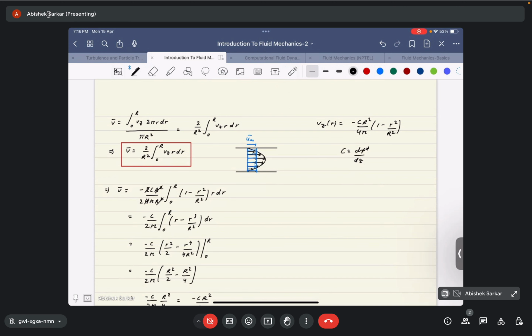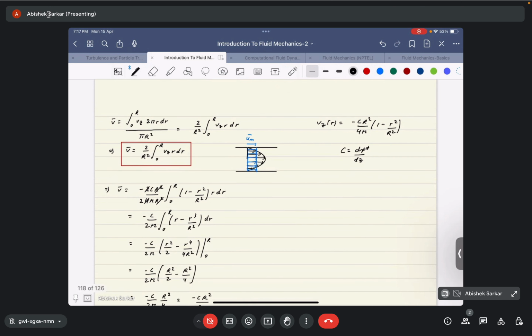In order to find that, we again just equate the volume flow rate through the pipe, initially using the general integration, since the velocity of the flow is changing with respect to r throughout the cross section of the pipe, so we cannot just directly use a single value of velocity for evaluating the volume flow rate, and thus we need to take the aid of integration.